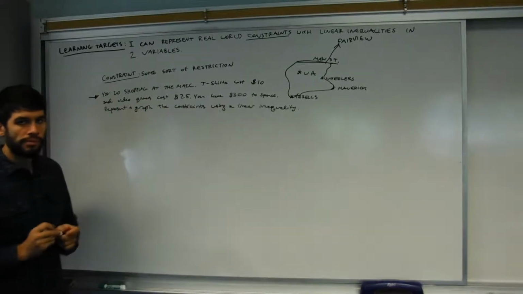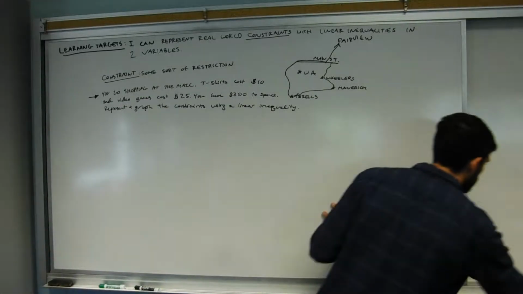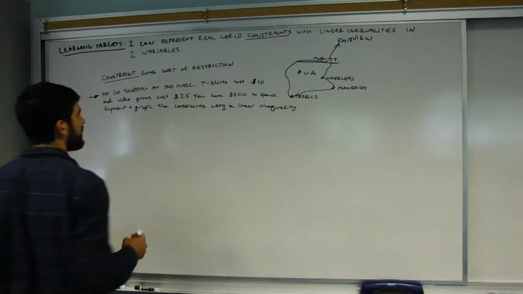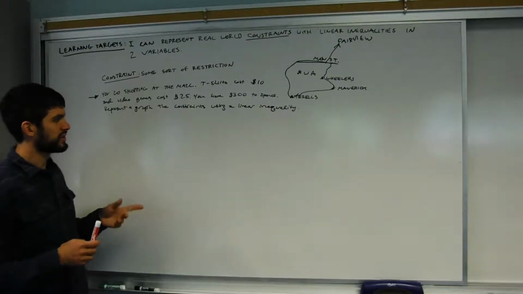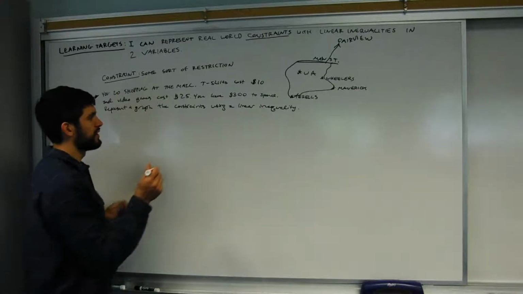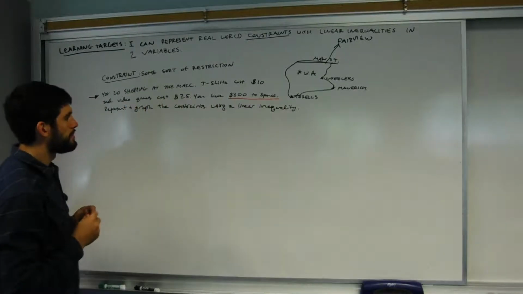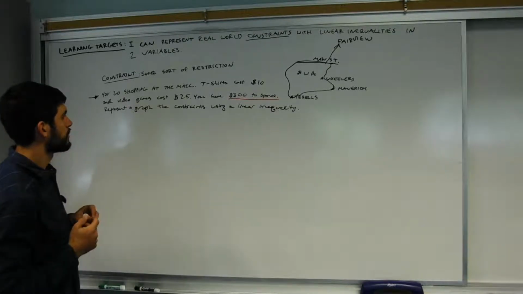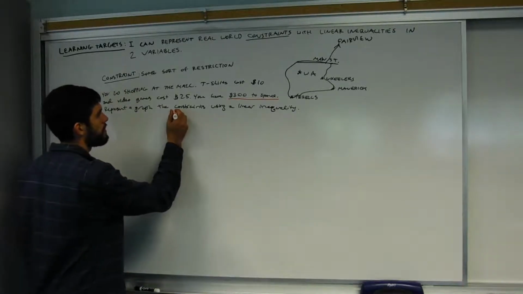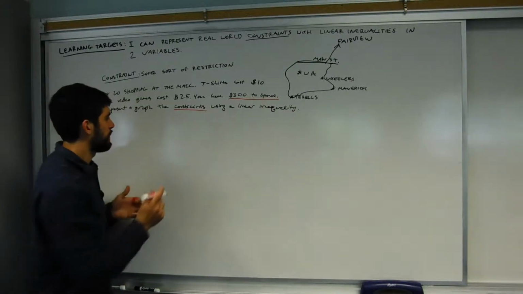Okay, so first things first, let's analyze the problem a little bit. We're shopping at the mall. T-shirts cost $10, video games cost $25. We have $300 to spend. Represent and graph the constraints using a linear inequality. First off, we know that we're going to set up an inequality.